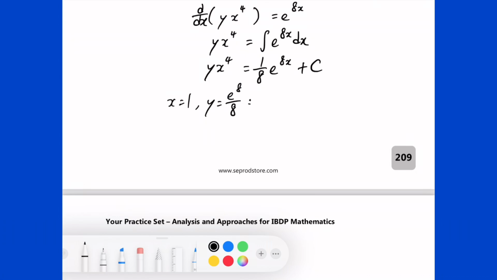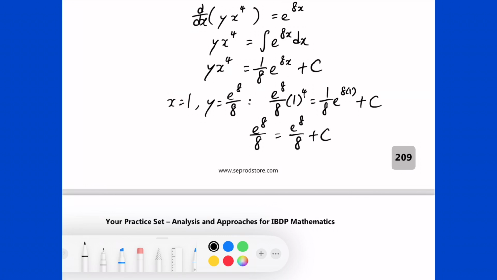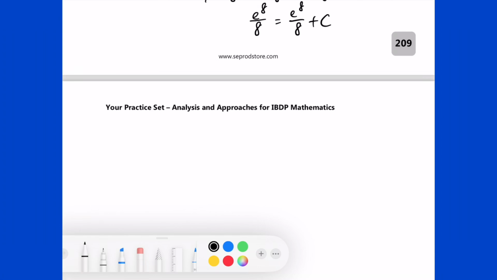Then on the left-hand side, we have e to the power 8 divided by 8 times 1 to the power 4, and the right-hand side becomes 1 over 8 e to the power of 8 times 1 plus c, such that the left-hand side, e to the power 8 divided by 8, equals the first term on the right-hand side. Then we see that the value of c is 0.